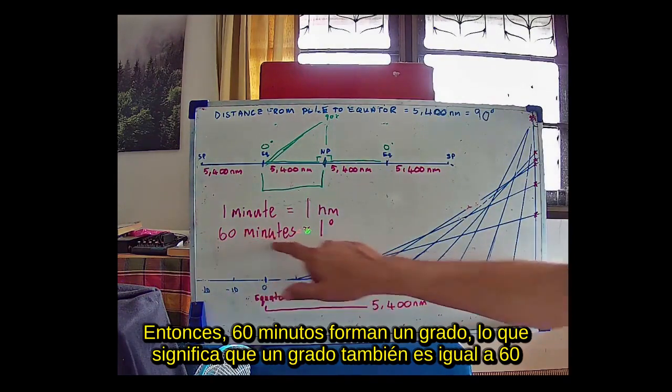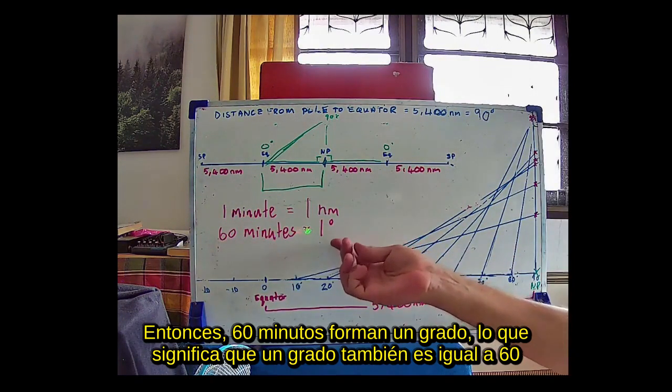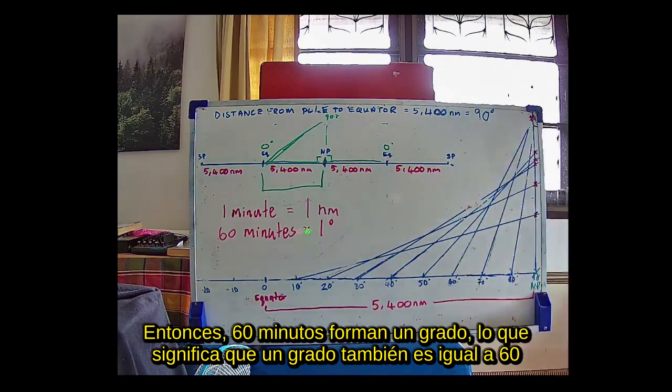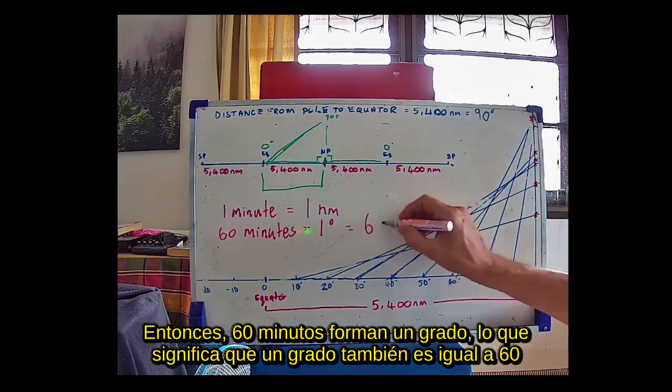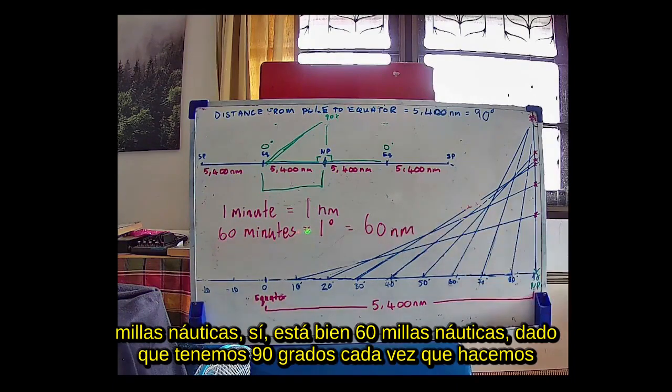So 60 minutes make up 1 degree. That means that 1 degree is also equal to 60 nautical miles.